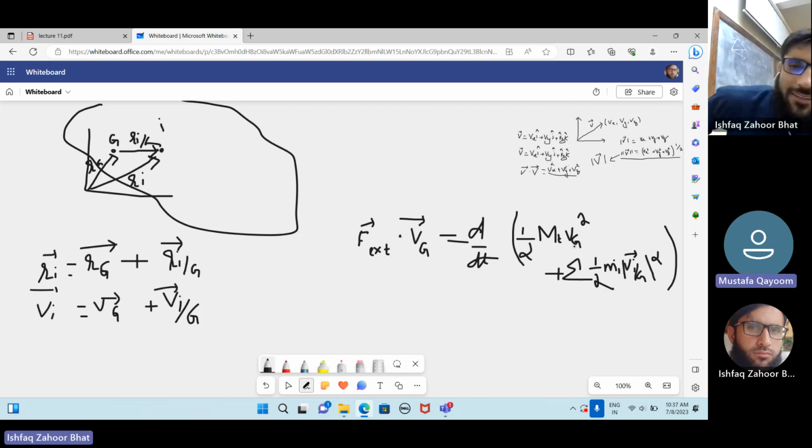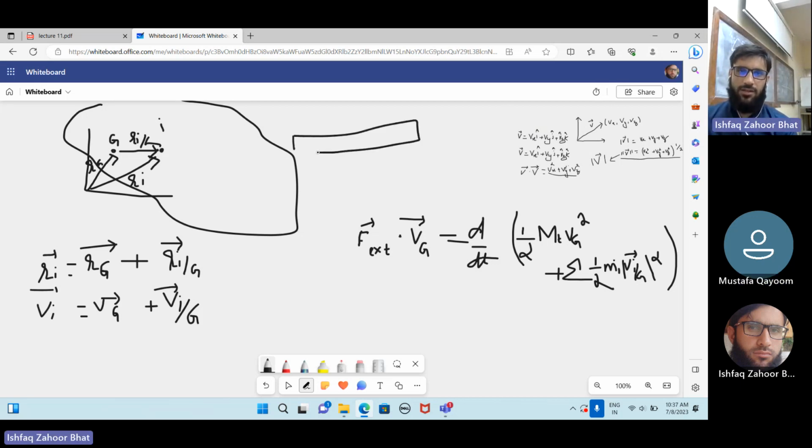No, no, so sorry, Vg is not 0. It is not always that Vg will be constant. Maybe the system as a whole is moving, so Vg will be changing. For example, let us think we have a massless rod, and it has M1 here, and say it has M2 here. Let's assume that this rod goes like this.